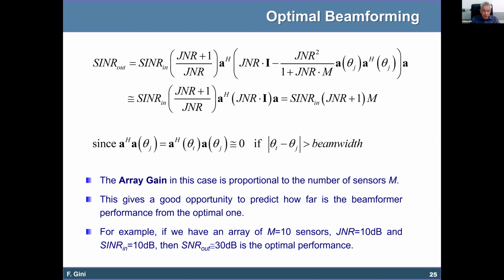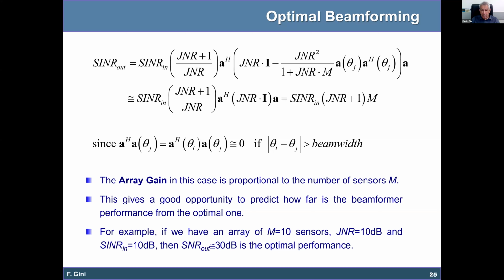How much you improve is determined by the array gain. And the array gain depends on the covariance matrix of the signal, the covariance matrix of the noise, and the maximum improvement, which is guaranteed by the clairvoyant optimal beamformer.